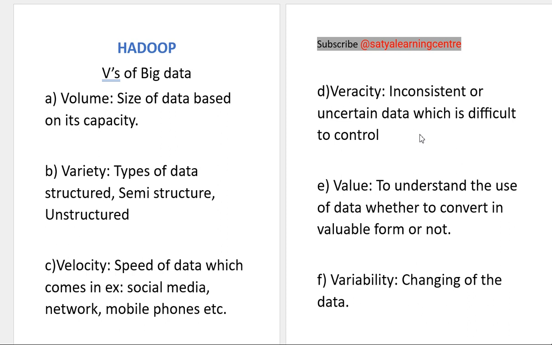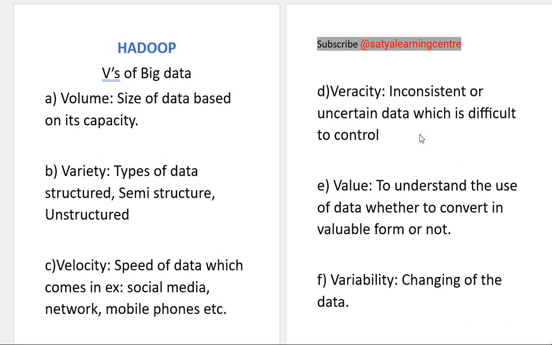So the velocity is increasing or decreasing, but nowadays velocity will always increase, because a higher population is using the internet and social media, and they keep on surfing the data and posting photos, videos and everything. So that velocity will always increase. So we have to maintain that data so that we do not lose any kind of data.